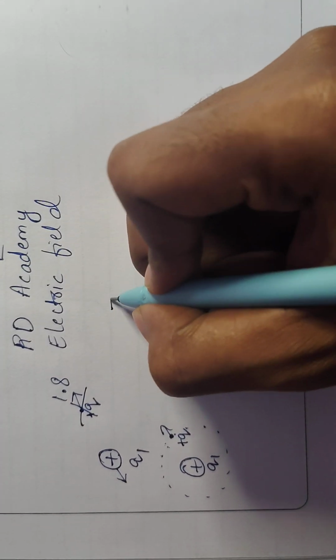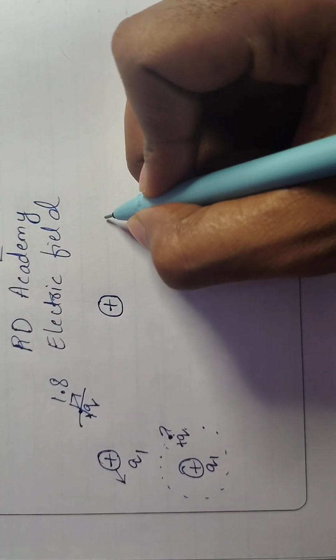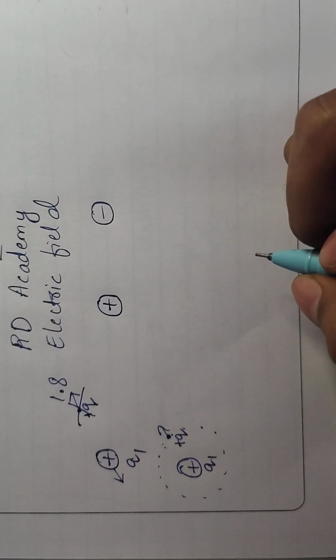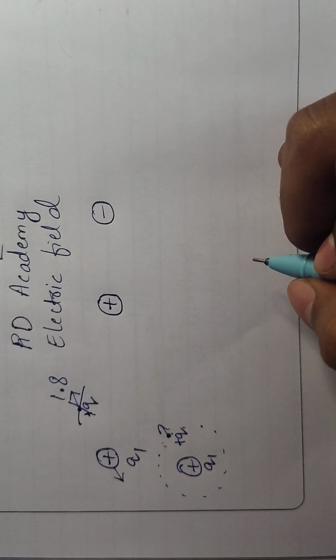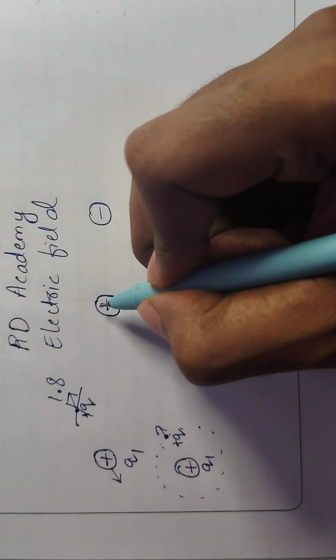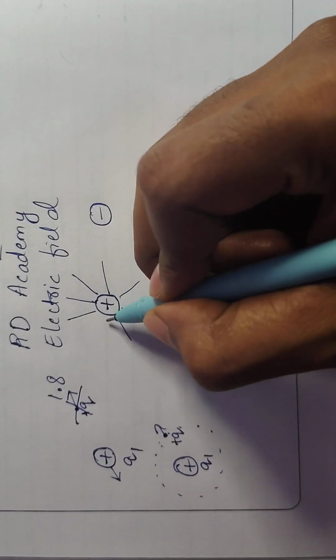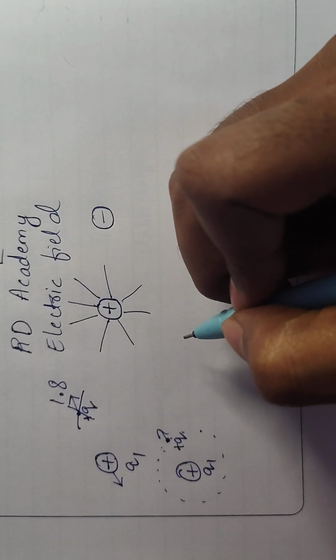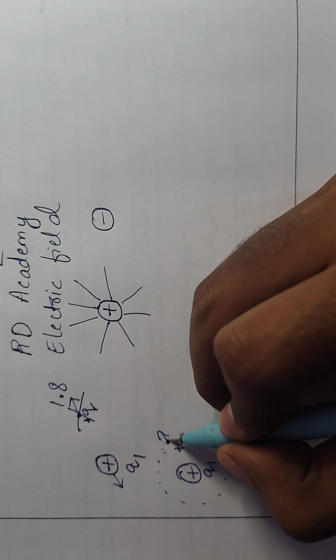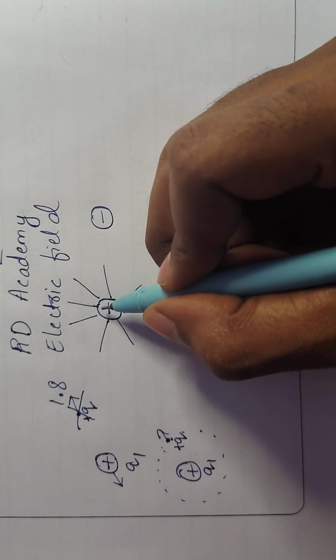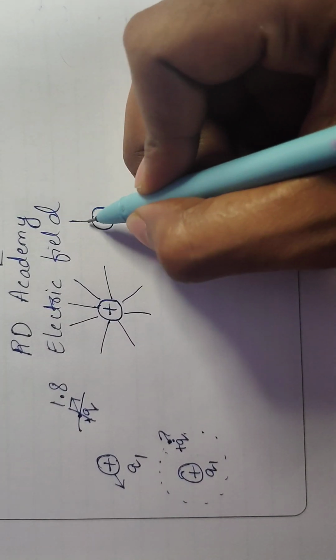In the absence of any external charge, in the surrounding medium there will be some electric field due to the charge itself. It is not necessary that you need to bring an external charge. Due to the existence of the charge itself, there will be some electric field.